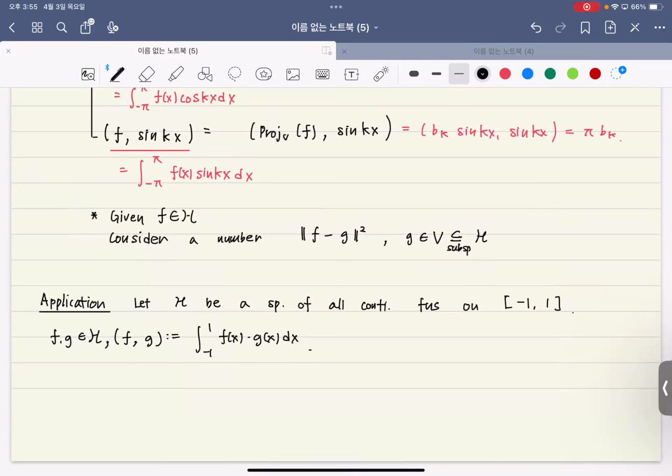This time, I want to consider a subspace V of H spanned by all polynomials whose degrees are less than or equal to n-1.